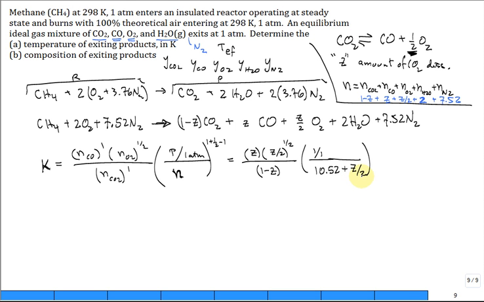That's what total N is. Did you follow? You okay with that? The 1 minus Z cancels with that 1 minus Z, so I have a 1 plus a 2 plus a 7.52. That gives me the 10.52. And then I have a Z over 2 left over as well. And now I raise it to the power 1/2.